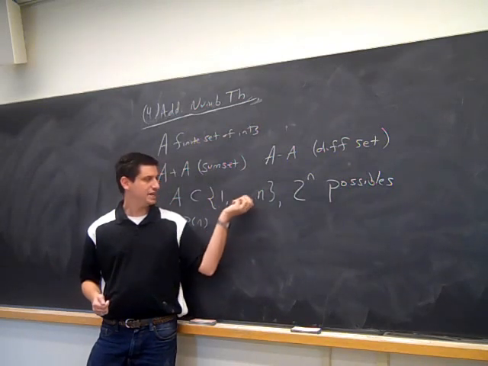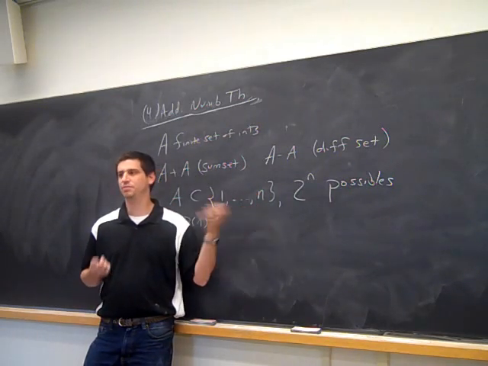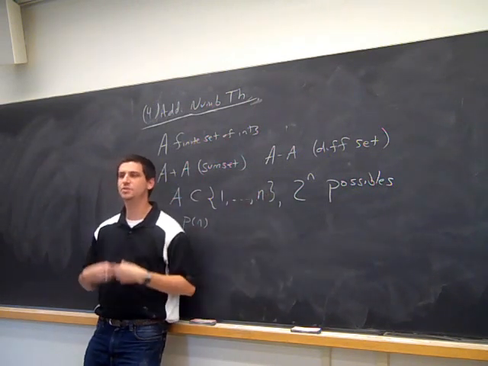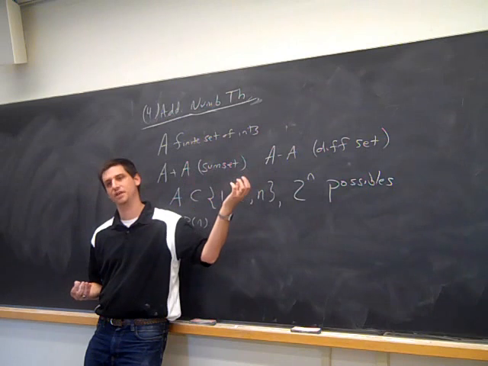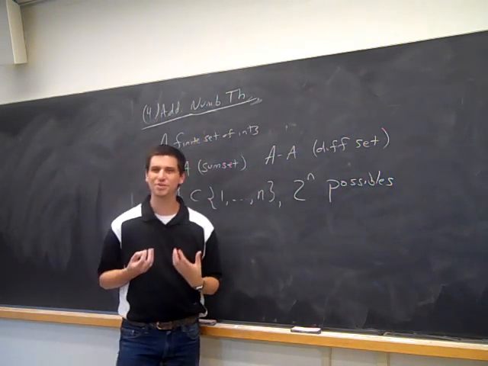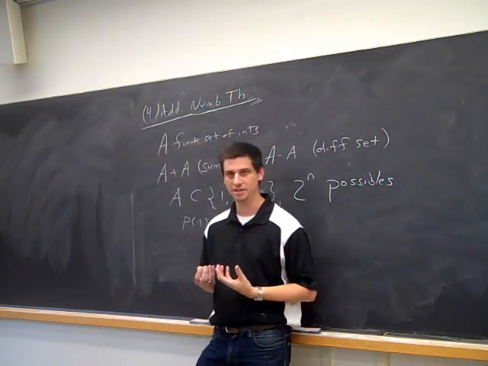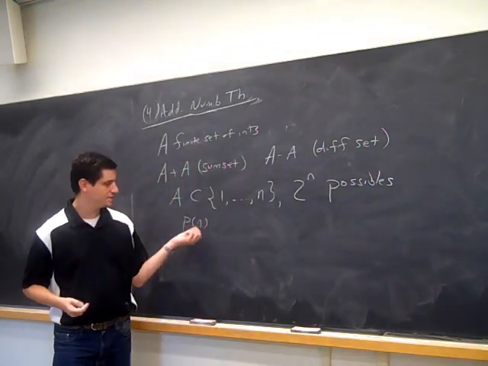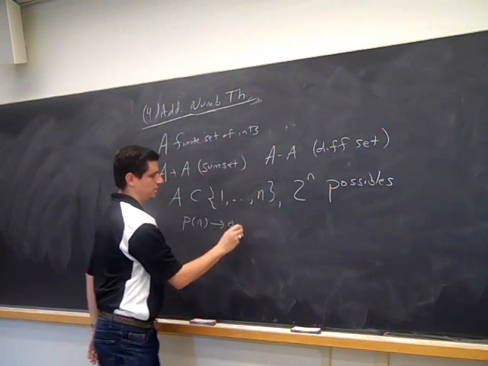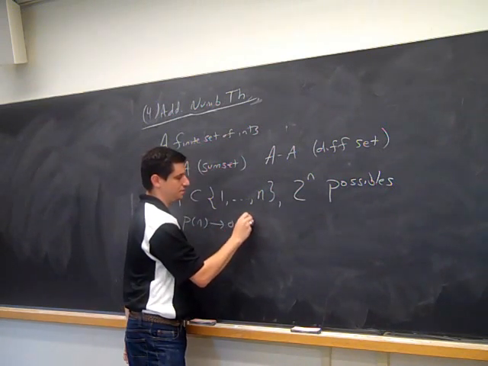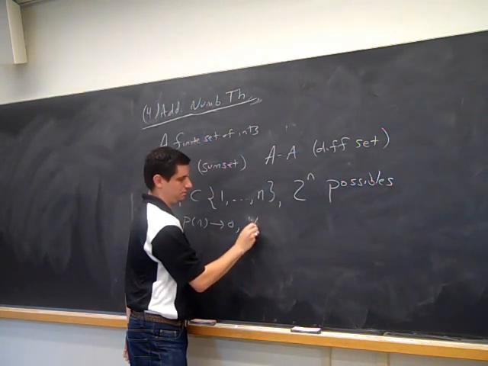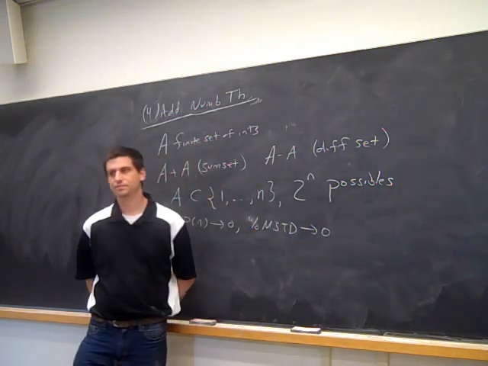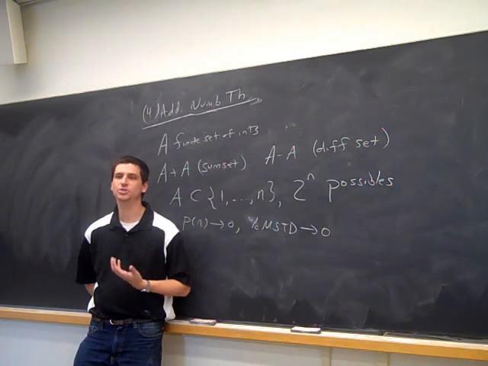And the idea is, if all these probabilities are a fixed positive number, independent of little n, there's going to be so many elements in your sum and difference set that basically every possible sum and difference that could be in there is in there. And what we showed is, as long as p(n) is tending to 0, the percent of more sum than difference sets tends to 0. So we regained the intuition.